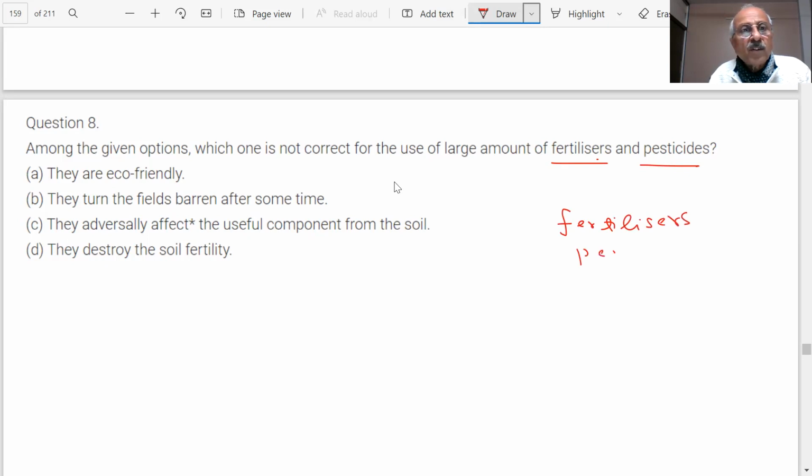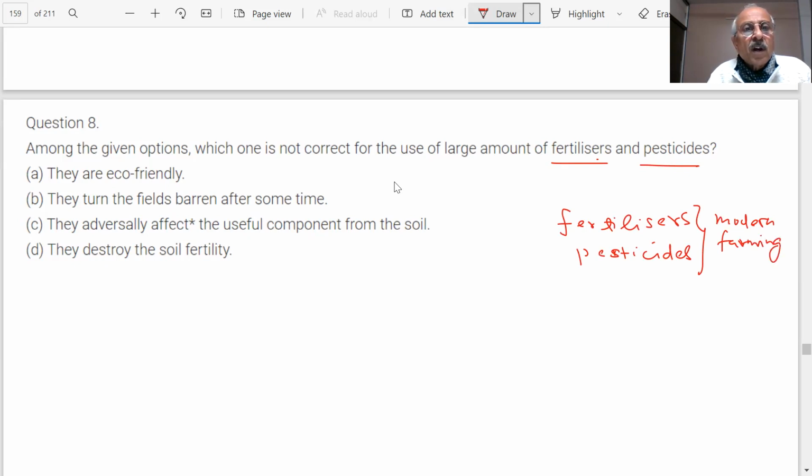Why are they used, students? Fertilizers are used to increase fertility of soil, and pesticides are used in order to prevent pests on the crops. These are the modern farming techniques which are utilizing this.